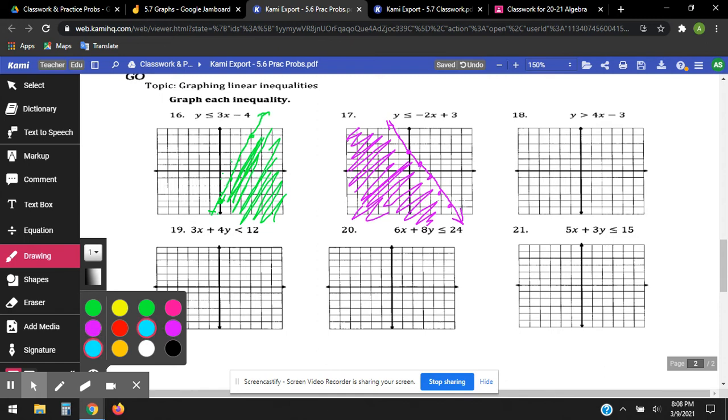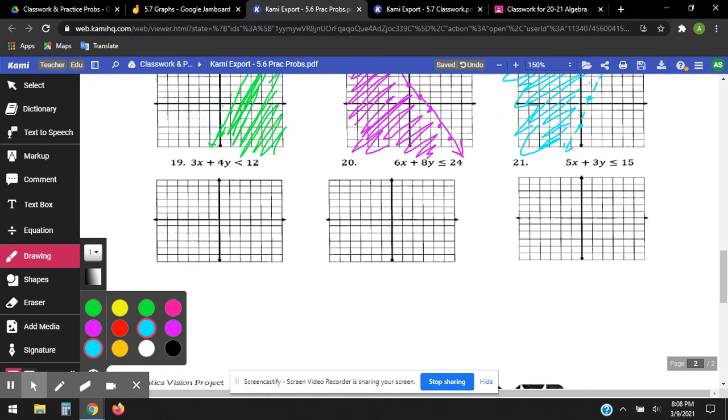Okay, and then our last one, -3. It's 4 over 1, 4 over 1. I don't have room to go down. This one is not equal, so I have to dot it. And y is greater than, so I'm going to shade in this side.